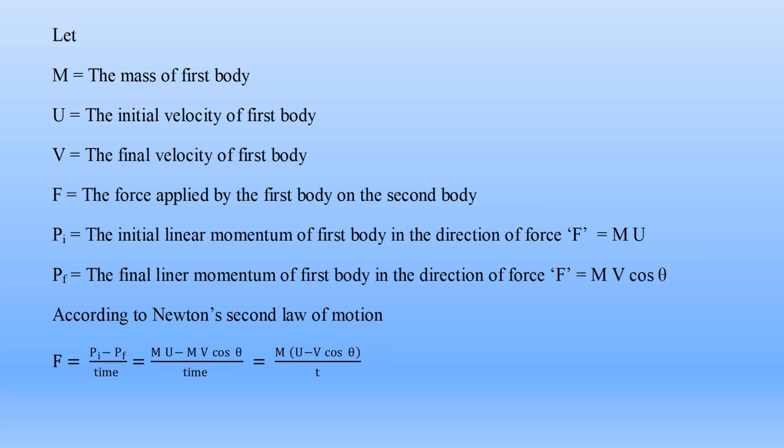So in this example, F is equal to mu minus m v cos theta divided by time. Taking mass common, F is equal to m by t into u minus v cos theta. This is the application of Newton's second law to find the forces acting on the body. So please everyone, go through these examples first.